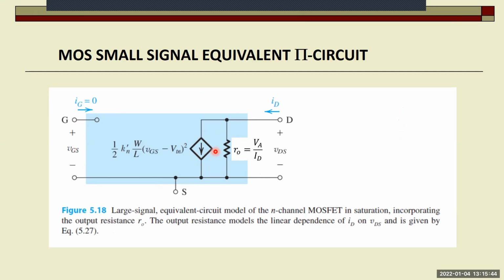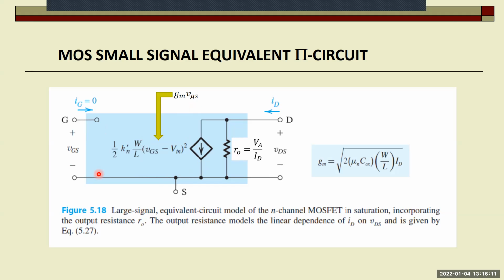And if there is an Early voltage, we have an output resistance. These two come in parallel. So this dependent source can actually be represented as gm, transconductance, times VGS, the input voltage, right?